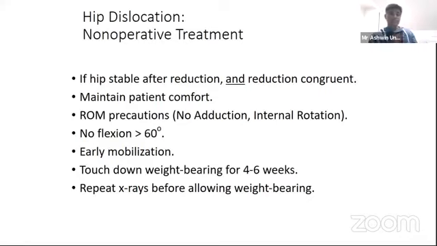In my practice, the majority of the time, once the hip is reduced, I would watch the patient like a hawk and review the patient regularly, limit the flexion of the hip to about 60 degrees, and mobilize the patient early.